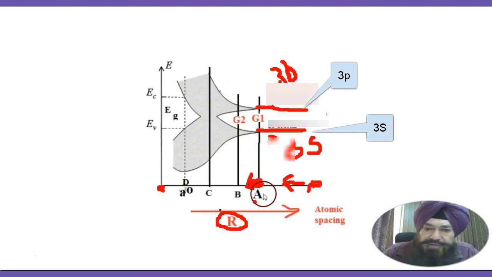Between A to B, what happened? Splitting starts. This energy level is split up, this one is also split up. And reaching here, there is a splitting of 3p from here to here and 3s from here to here.